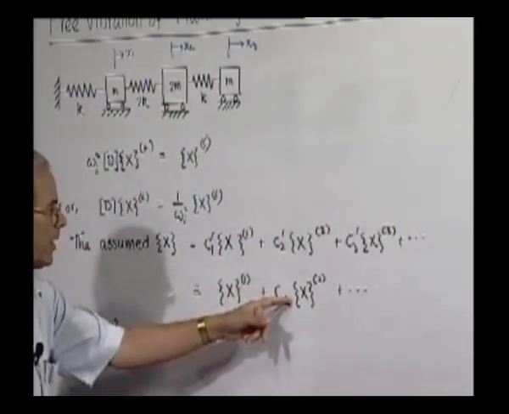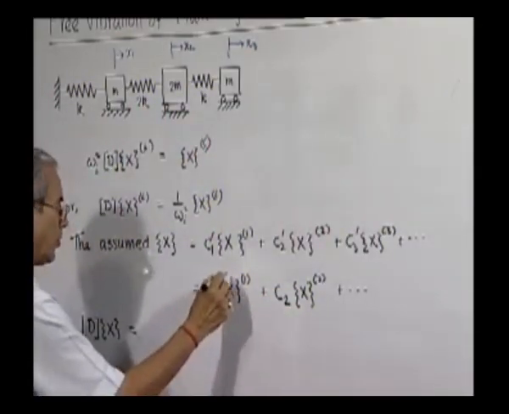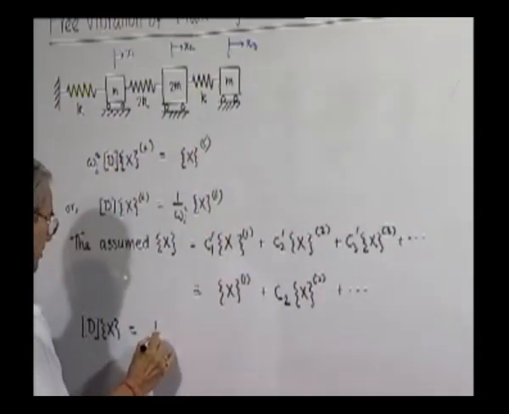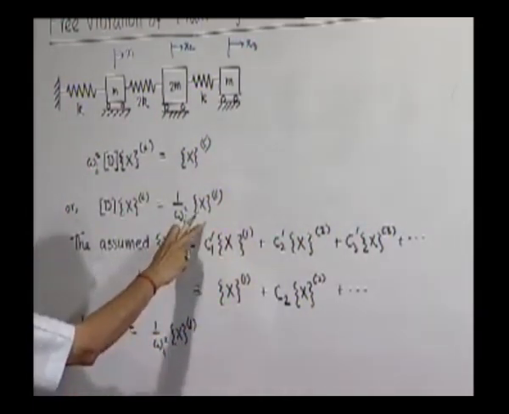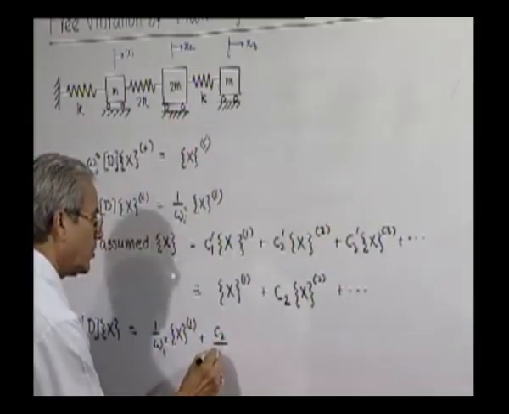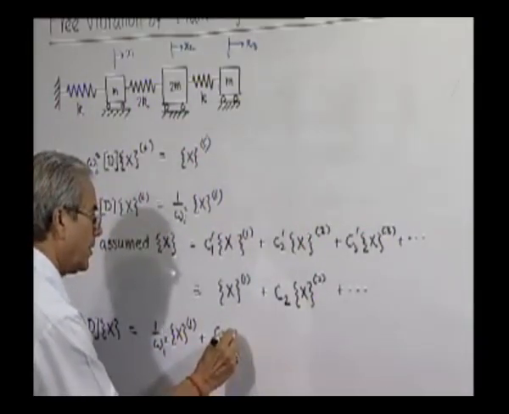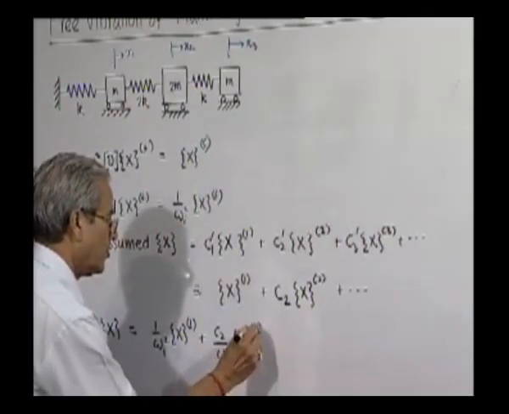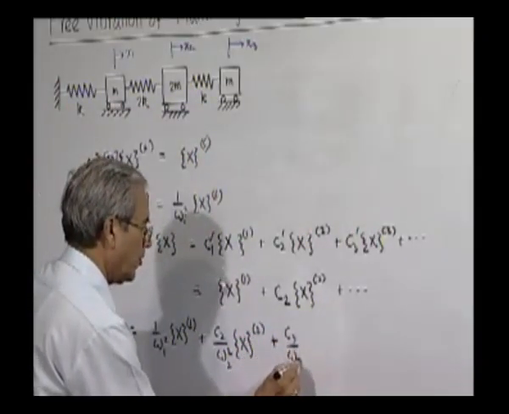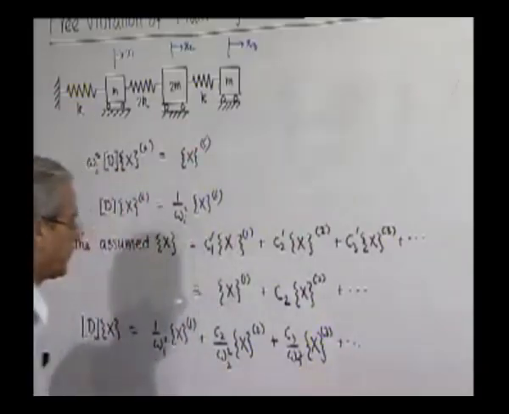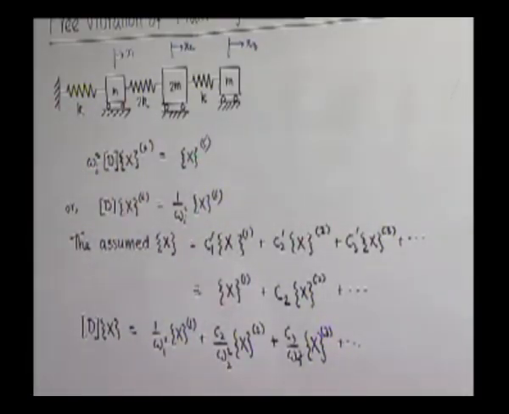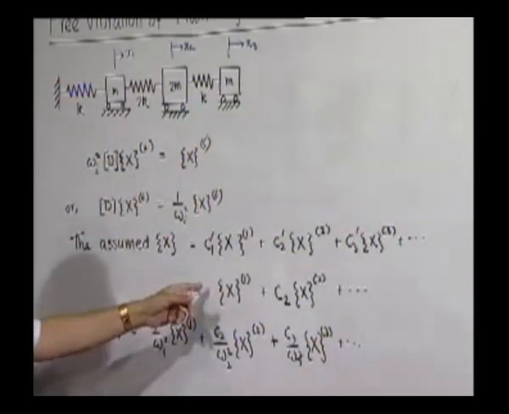I am pre-multiplying each one by D. Now, since this is a natural mode, when I pre-multiply this by D, I will get 1 by omega 1 square x1 according to this rule, plus C2 by omega 2 square x2, like that, C3 by omega 3 square x3. Now, if I normalize the resulting x, the mode will be somewhat different from the previous one, because these coefficients are different from the coefficients earlier.